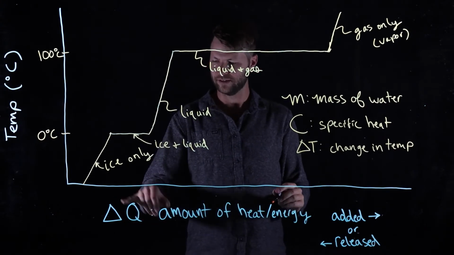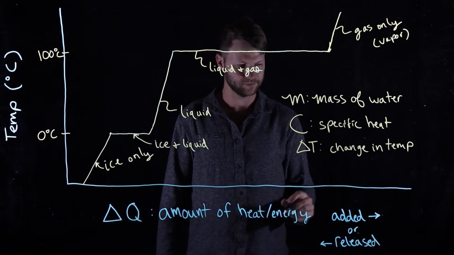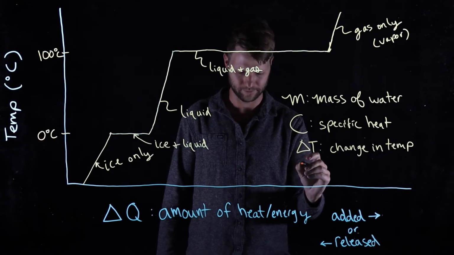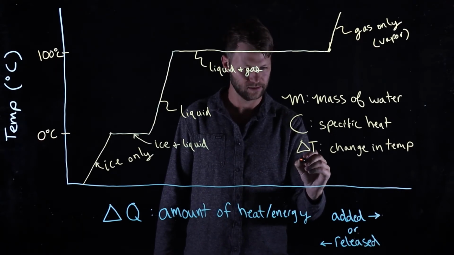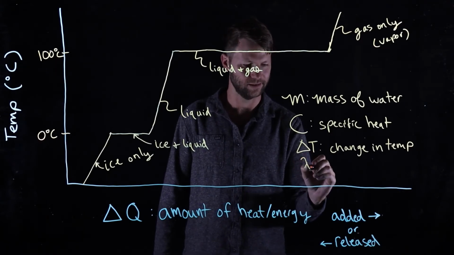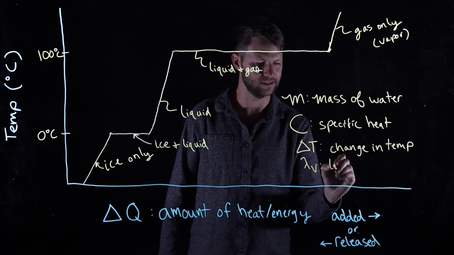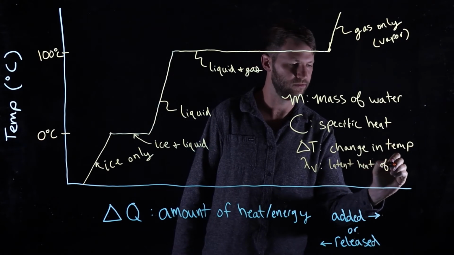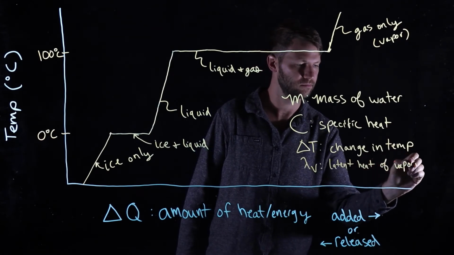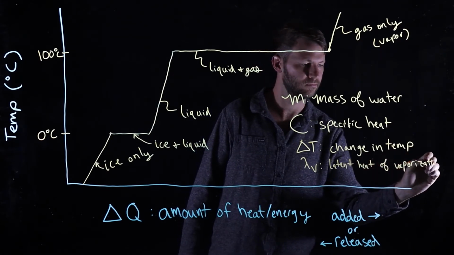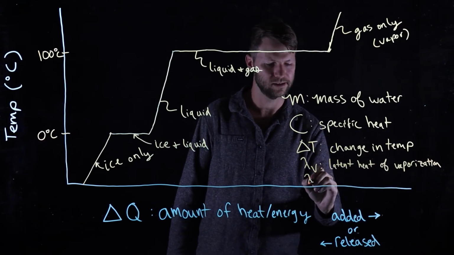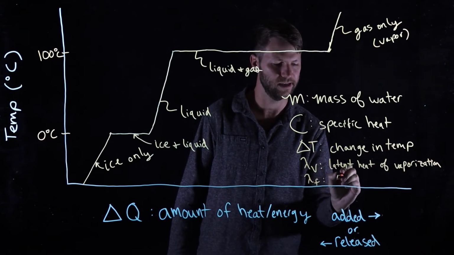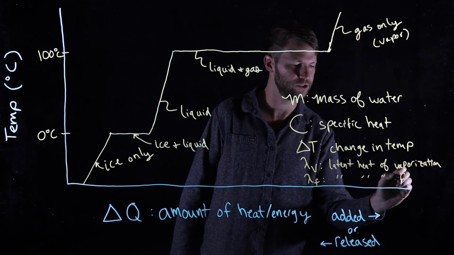Delta Q is a certain distance here on the x-axis, and we'll let lambda V be the latent heat of vaporization, and lambda sub F be the same but for fusion.